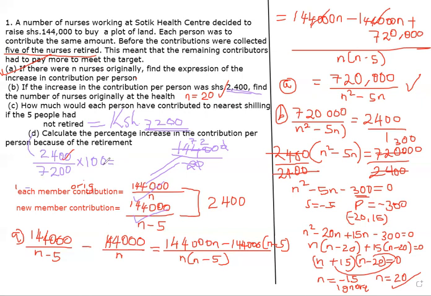That will be 2,400 divided by 7,200 times 100, which is 33 and a third percent. 33 and a third percent.